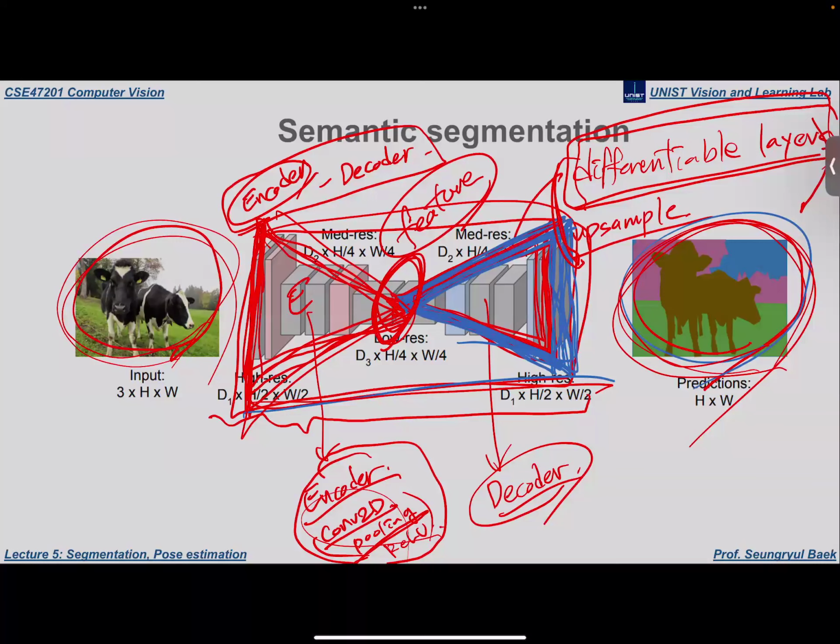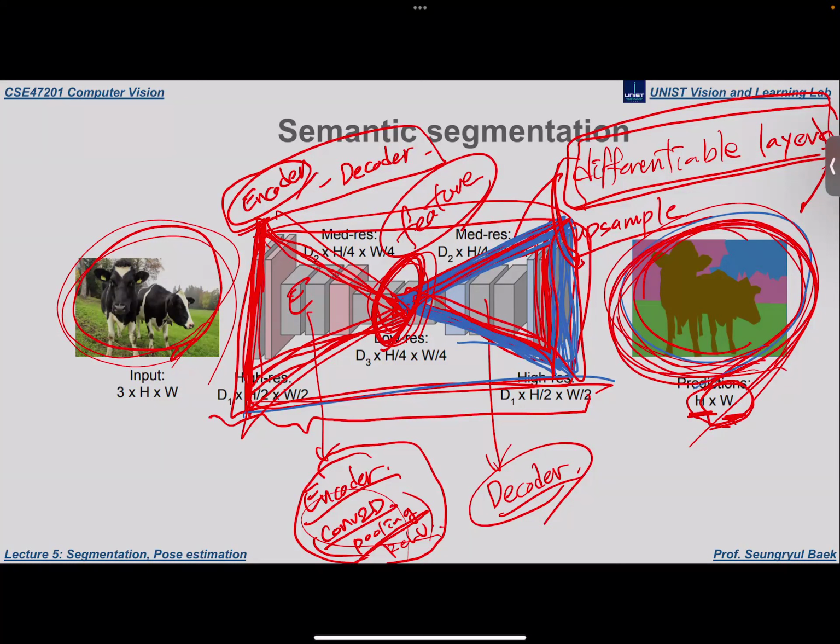And then we expand the dimension again to make this H by W, where H means the height and W means the width of the image resolution. So we upsample this feature again to the same dimensional 2D signals.